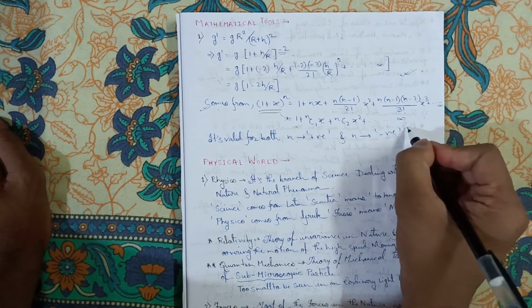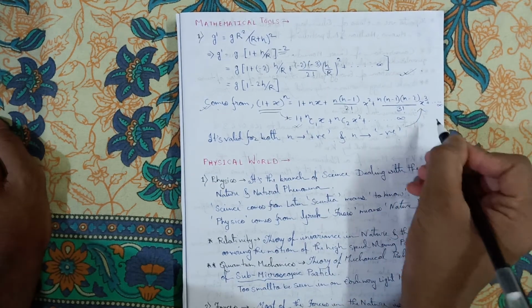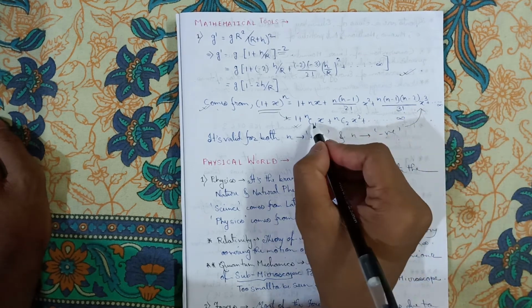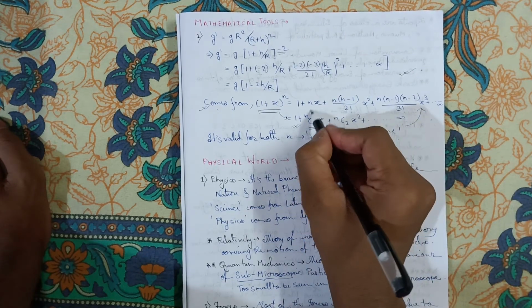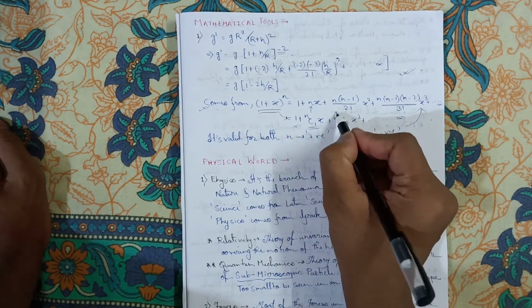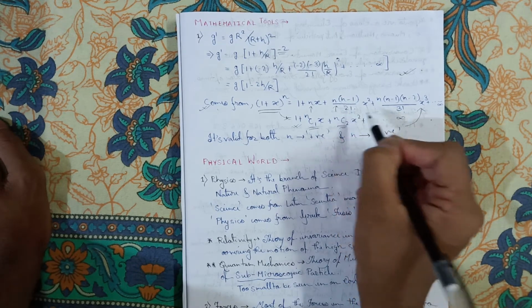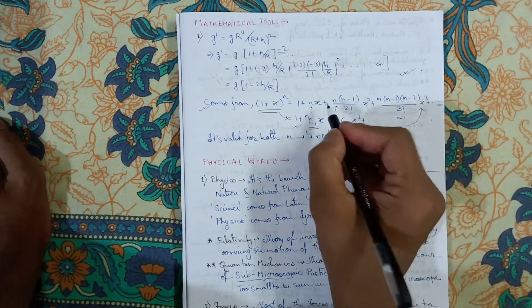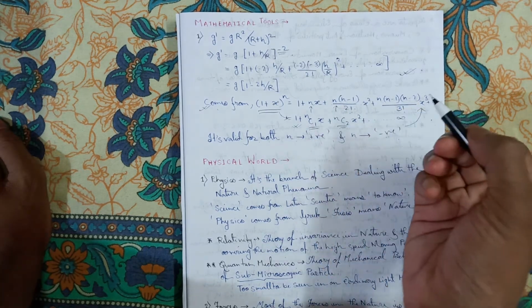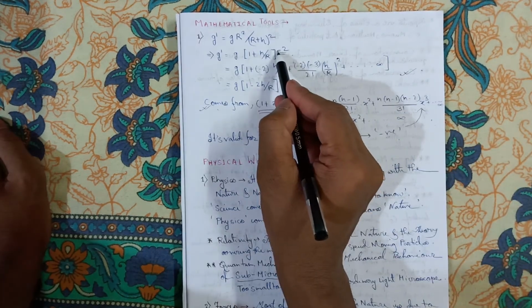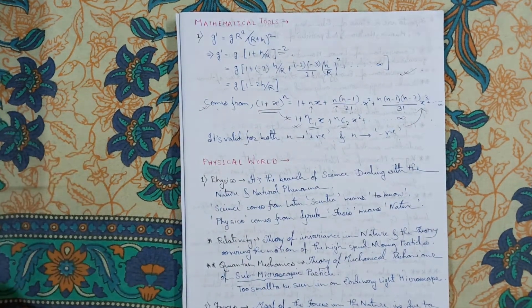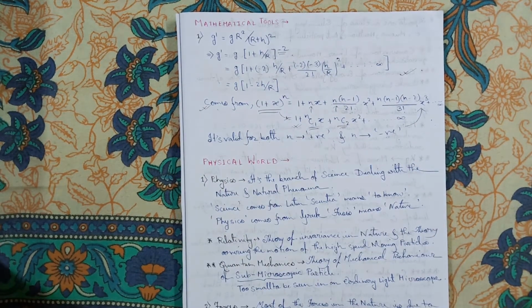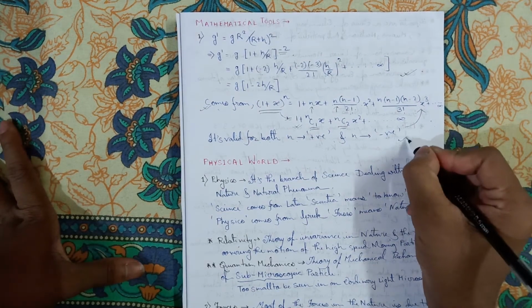It's valid only in this reduced form. When nC1 can be reduced to n, nC2 can be reduced to n into (n minus 1) by 2 factorial. So this negative sign can be used here so that we can easily find the expansion of such negative exponent expressions. Okay, so now we can limit it here.